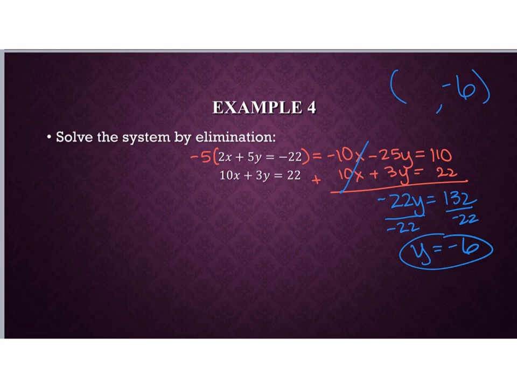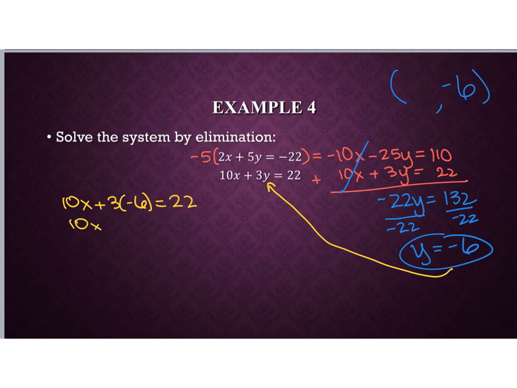Now I need to solve for my x, and I'm going to do that, if you recall, by taking this y value and plugging it into either one of those equations. It doesn't matter, but I'm going to use the bottom equation here. So I have 10x plus 3 times -6 equals 22.